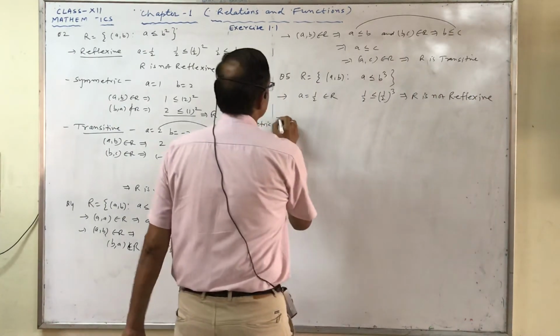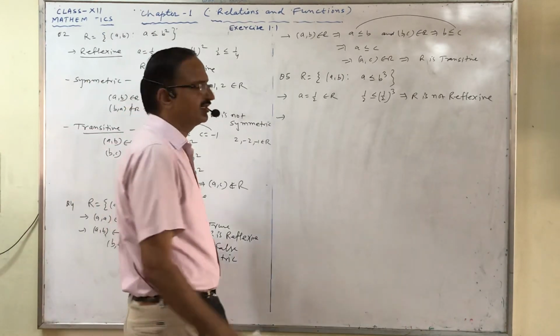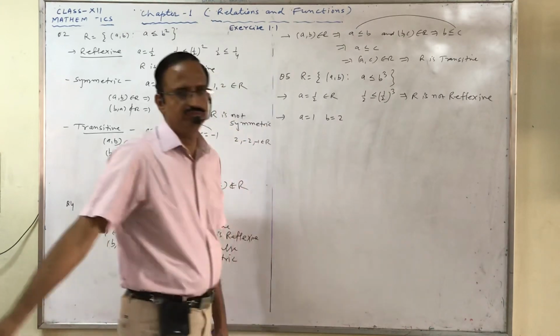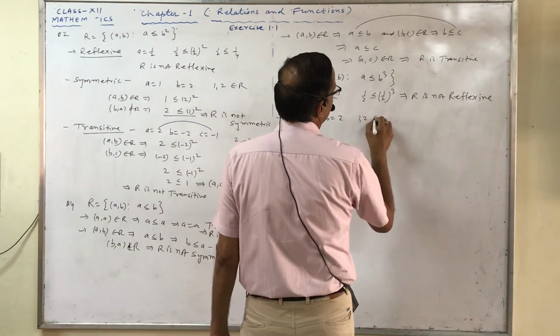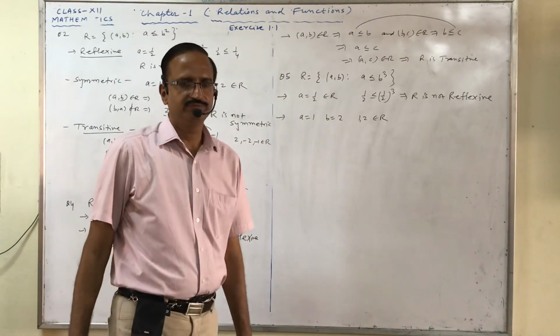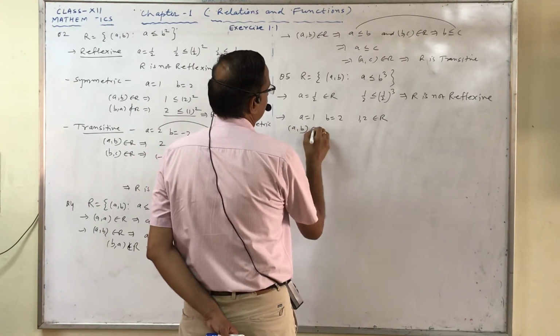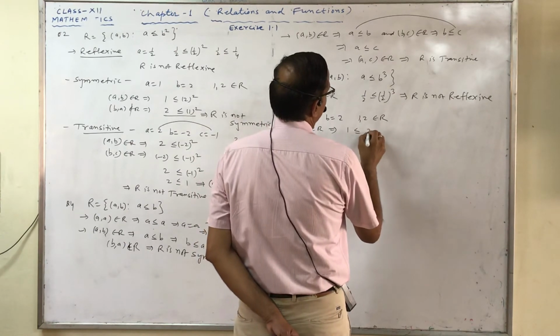Okay children? Now second, symmetric. For this I am taking a equals 1 and b equals 2. Both 1 and 2 belong to R. So a is related to b. This implies that 1 is less than or equal to 2 cubed.